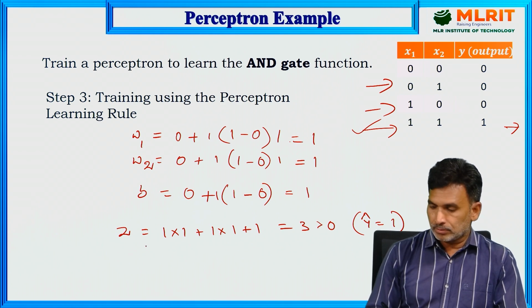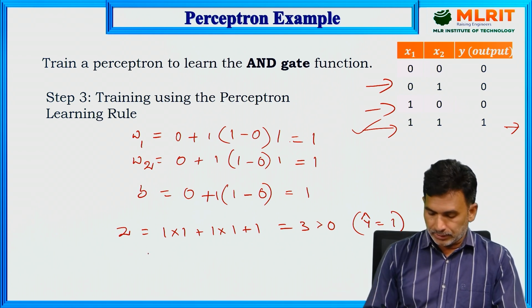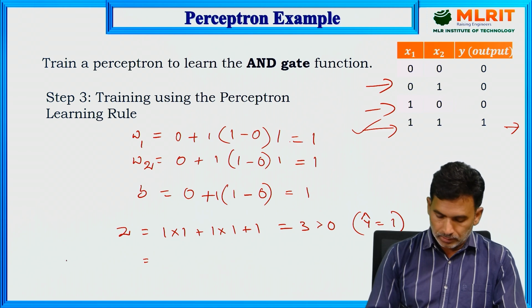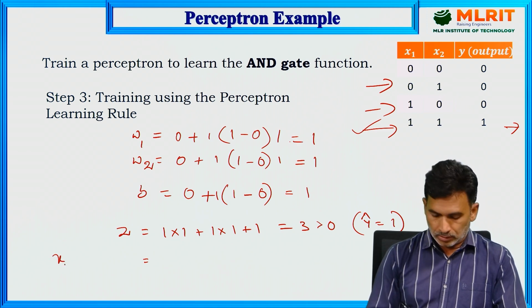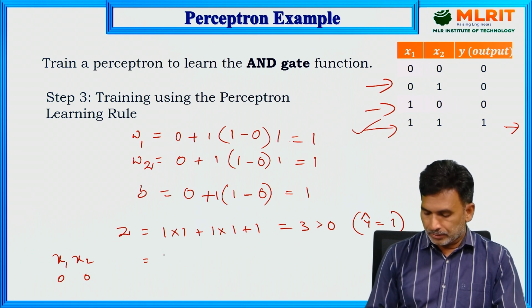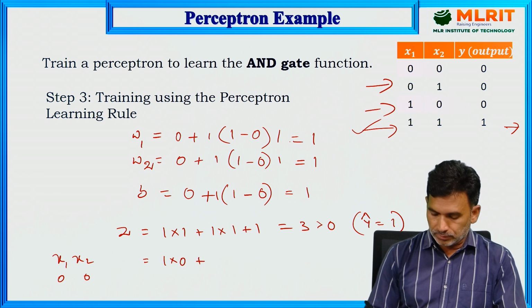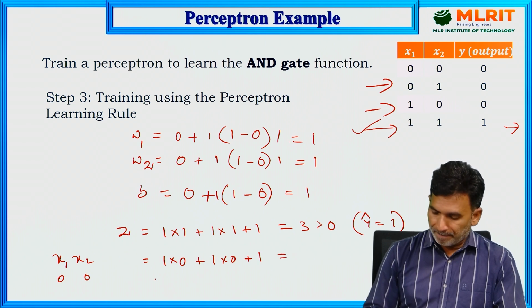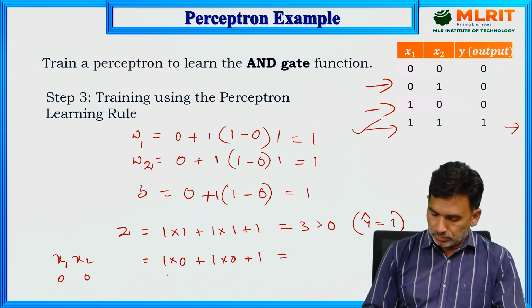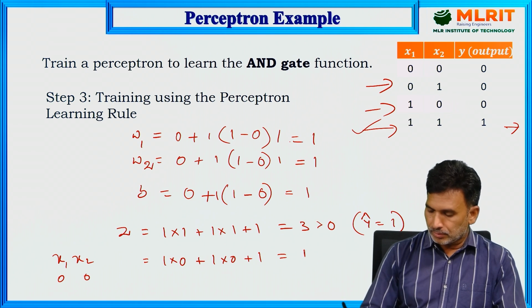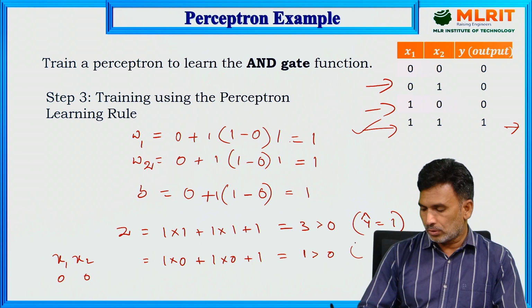Suppose the first instance, that is x1 x2 0 0. So now in this case, W1 times 0, W2 times 0, plus 1. So 0 0 1. So 1 is greater than 0, it is wrong.